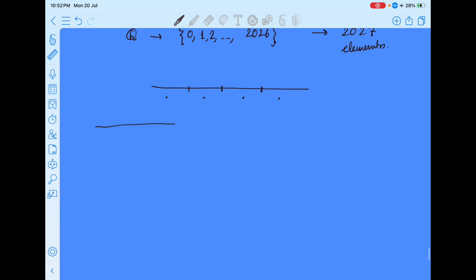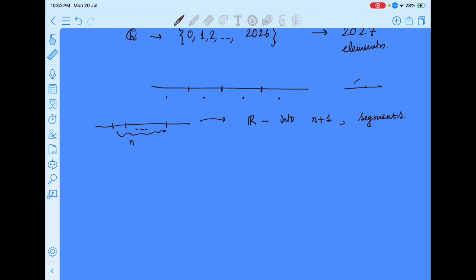So if you pick n number of points, this will divide R into n plus 1 regions, n plus 1 segments, correct?